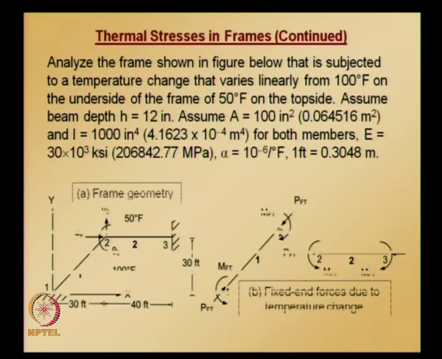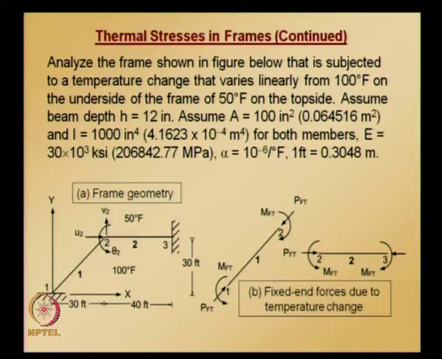Analyze the frame shown in the figure below, that is subjected to a temperature change that varies linearly from 100 Fahrenheit on the underside of the frame to 50 Fahrenheit on the top side. Assume a beam depth, and also cross sectional area, moment of inertia, Young's modulus value and coefficient of thermal expansion.